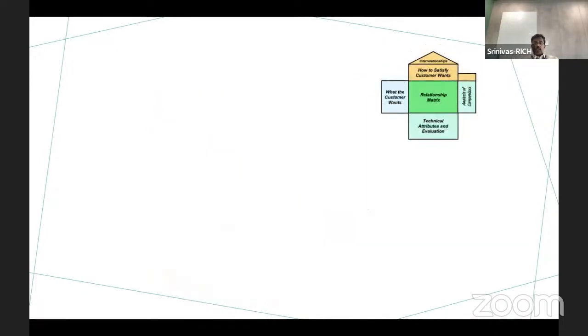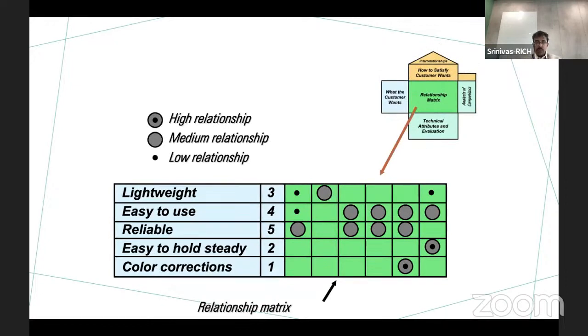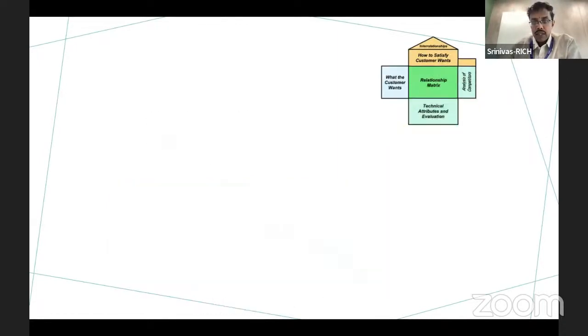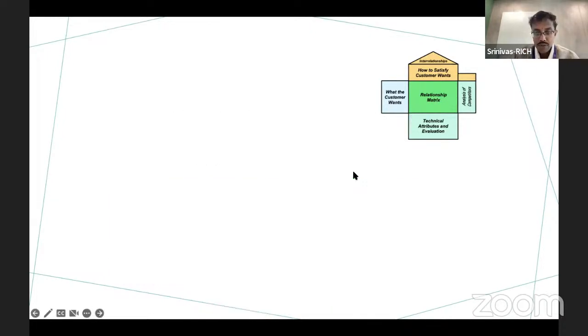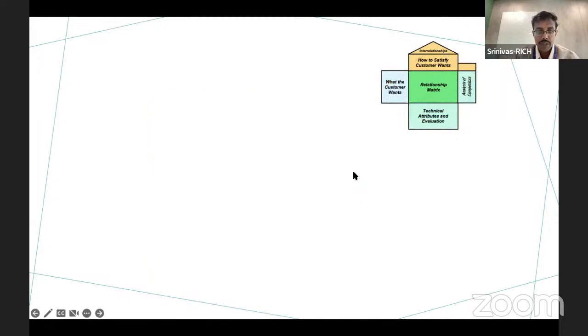Okay. Then we map between the two, showing, okay, how are reliability and lightweight mapped? They are very, aluminum, reliability and aluminum. So I think it's a strong correlation. Whereas reliability and what was the first parameter?